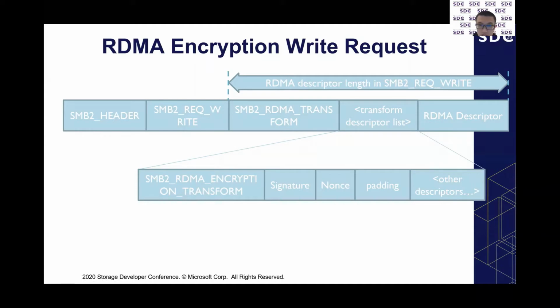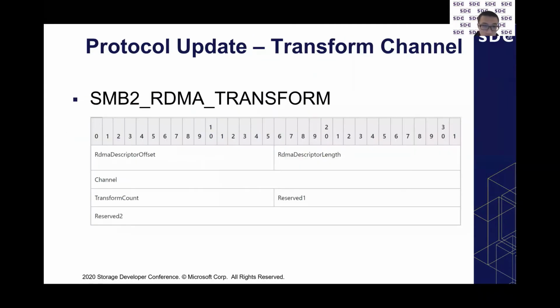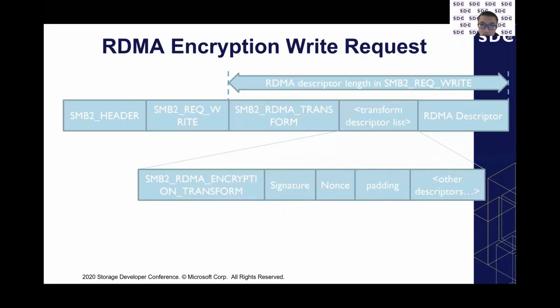The reason we have another set of the RDMA descriptor offset, descriptor length, and channel is because we introduced another RDMA channel called the RDMA transform to the SMB protocol, but not to the SMB Direct protocol. When this channel is used, we assume that the sender is using RDMA direct data placement with transformed messages.